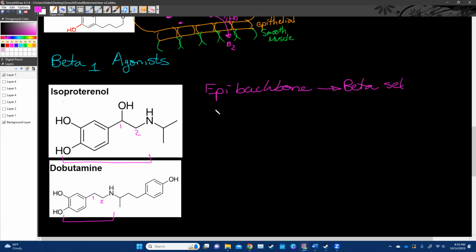Yeah, it's missing an OH. So the missing OH in dobutamine is what makes this drug beta 1 selective. So isoproterenol is beta 1 and beta 2 non-selective, whereas dobutamine is beta 1 selective.